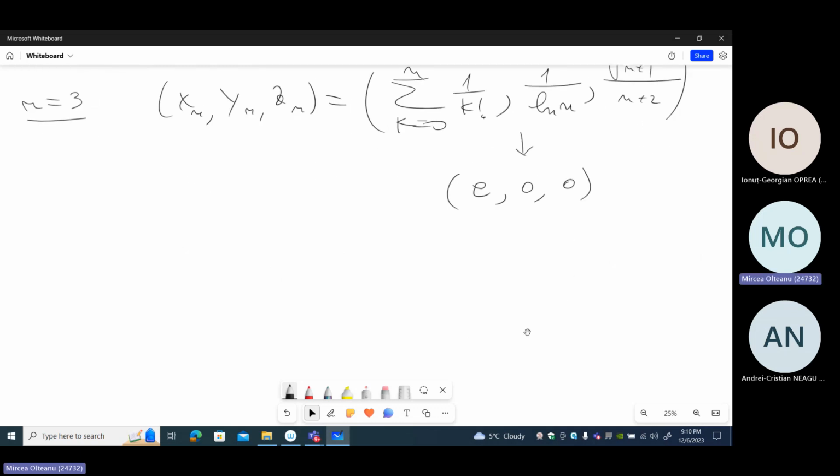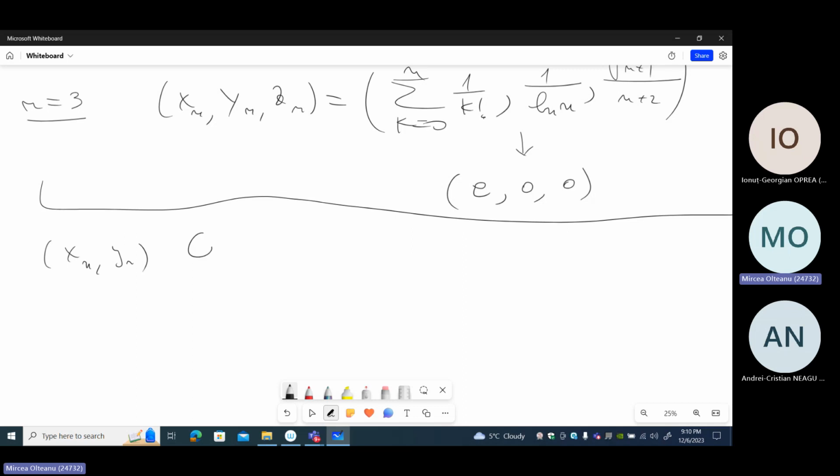I shall not give now the definition, but I shall just say that a sequence of vectors is said to be convergent if and only if each of its components is a convergent sequence of numbers. That is not the definition, it's a characterization, but this is the most useful in exercises. So let's write it in 2 dimensions. (xn, yn) is convergent as a sequence in the 2-dimensional space R^2 if and only if both xn and yn are convergent, of course, in the set of real numbers.